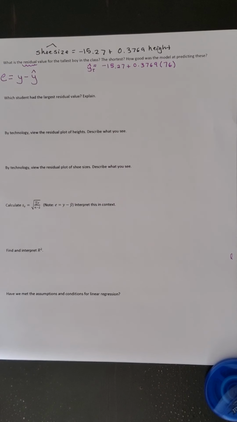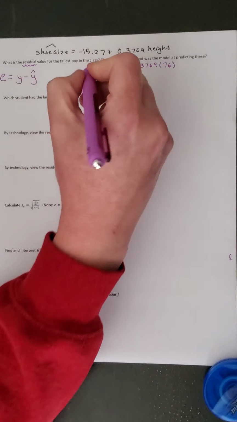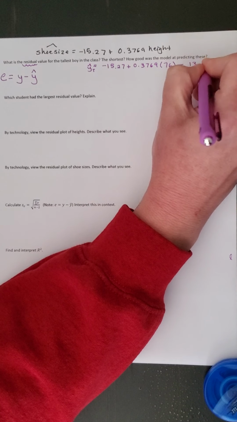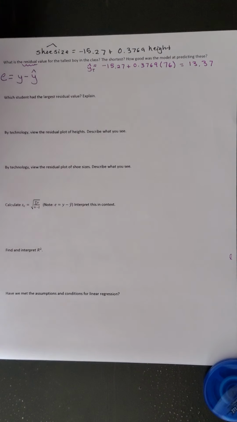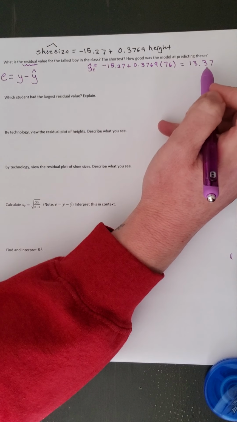And so his predicted shoe size is negative 15.27 plus 0.3769 times 76. His predicted shoe size is 13.37. Now his actual shoe size was a 13.5, so he's pretty close to the line of best fit.